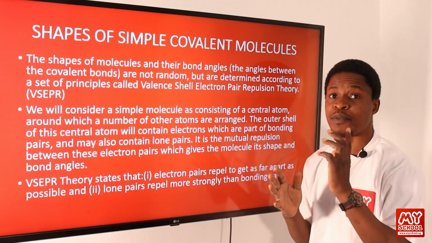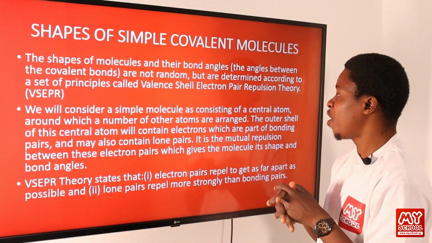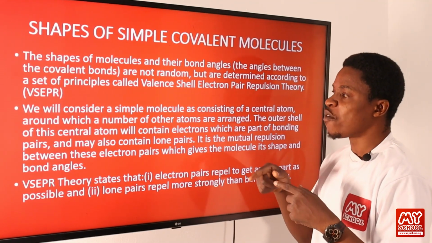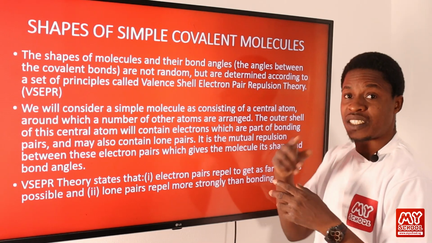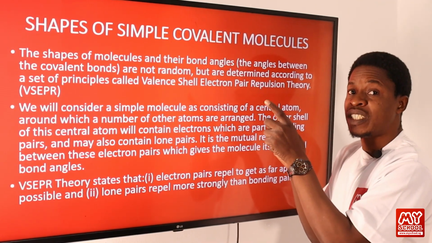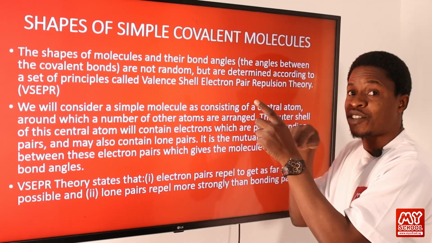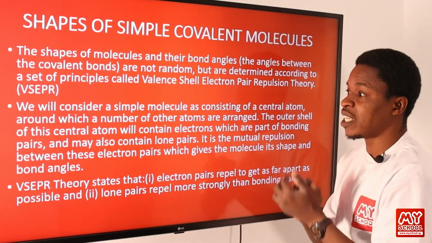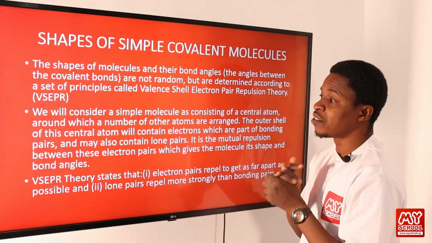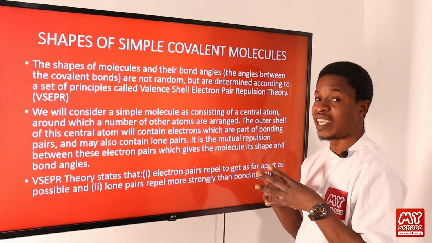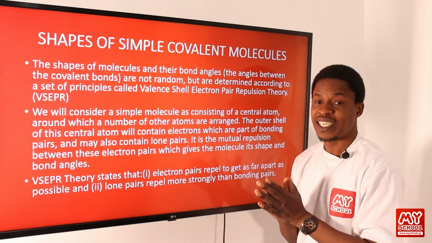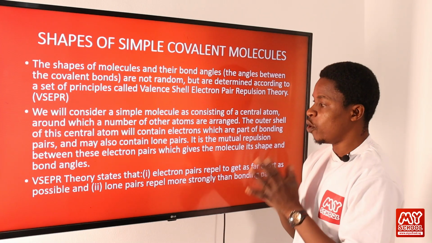We will consider a simple molecule as consisting of a central atom around which a number of other atoms are arranged. There's a central atom, that's the one that is bonding to every other atom around it. Then the outer shell of this central atom will contain electrons which are part of bonding pairs and may also contain lone pairs.